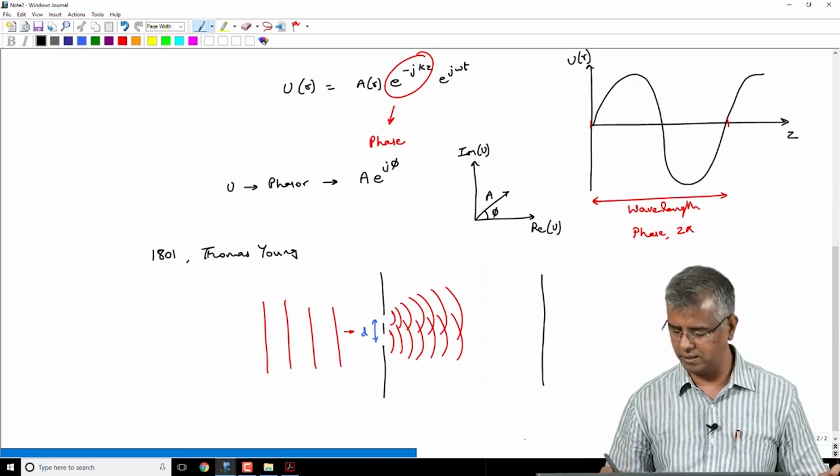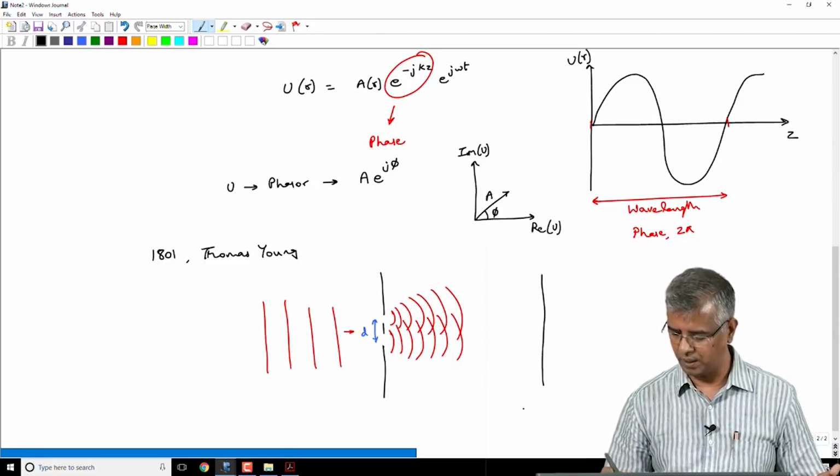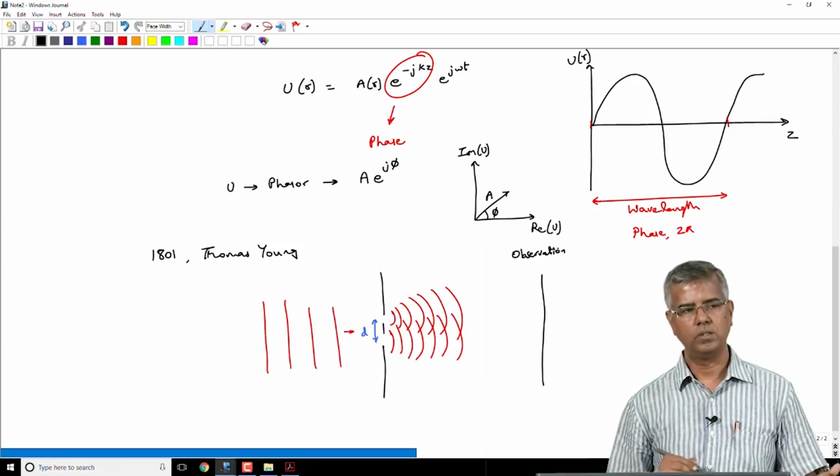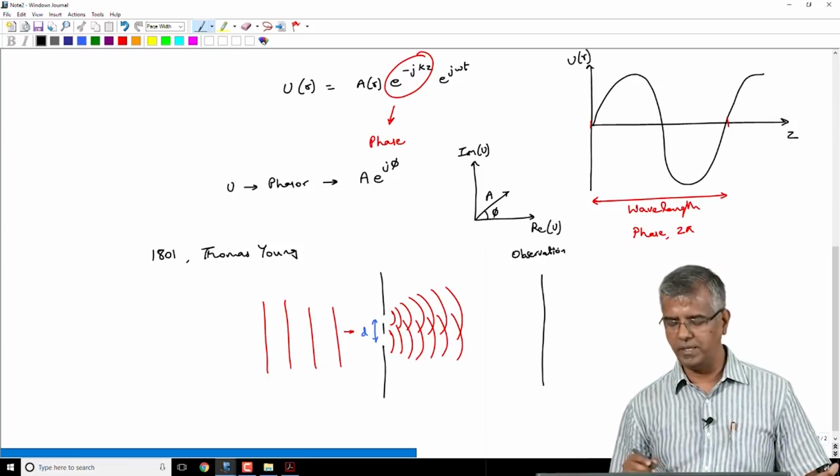So let us say this is our observation plane. What do we see over here?